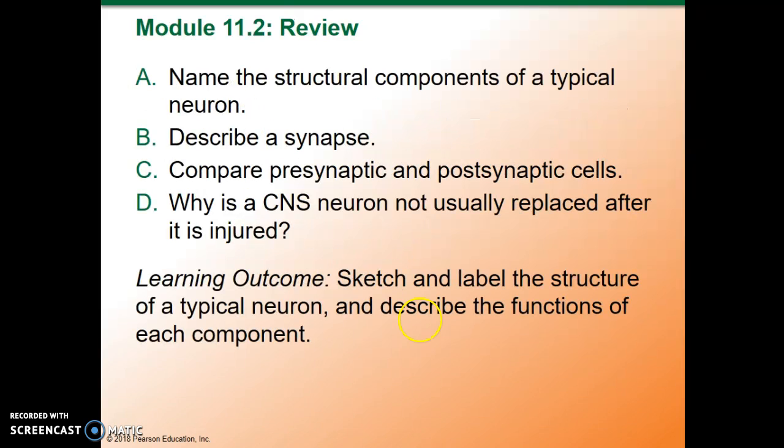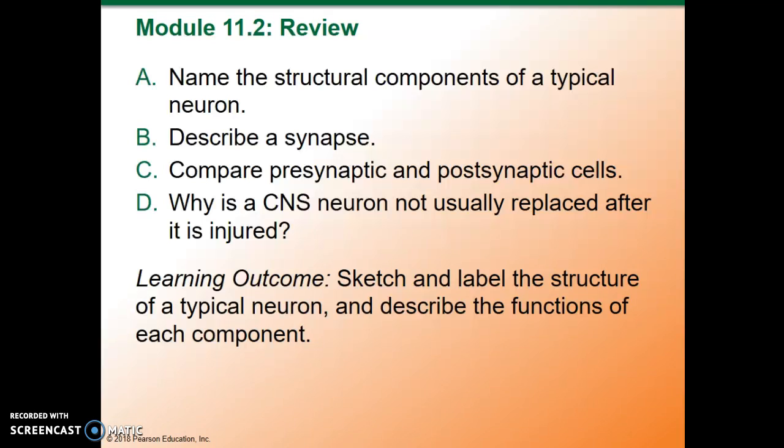So you need to be able to name and draw out the structural components of the typical neuron. You want to include axon hillock, initial segment, dendrites, axon terminal, cell body, axon, etc. Describe a synapse, and that is the region where a presynaptic cell comes into near contact with a postsynaptic cell.